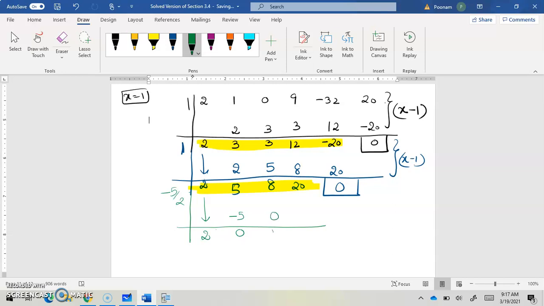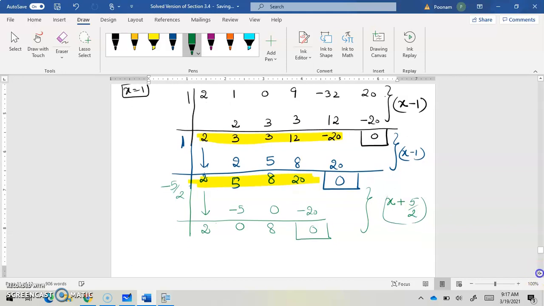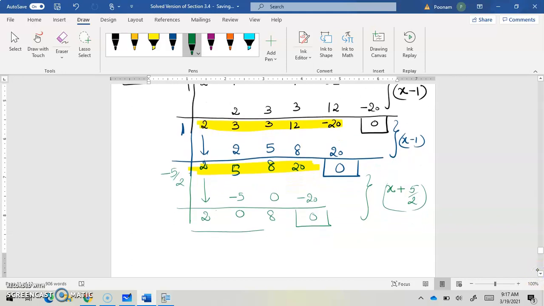Multiply, it will be 0. So we add 8. Negative 5 by 2 times 8 would be negative 20. We add, what do we get? 0. That means x plus 5 by 2 is a factor. And the reduced quotient will be of degree 2.